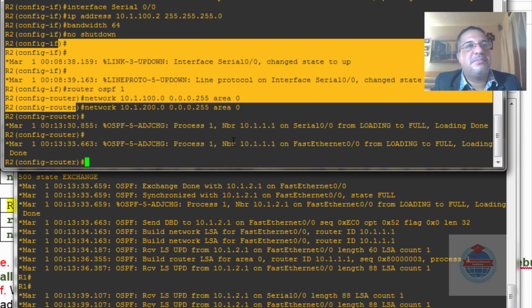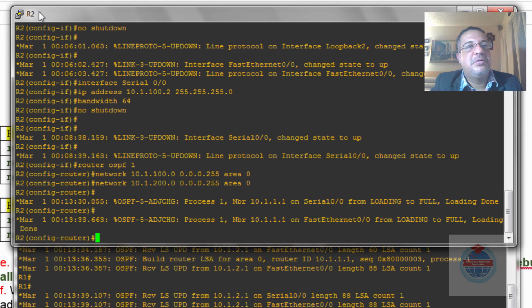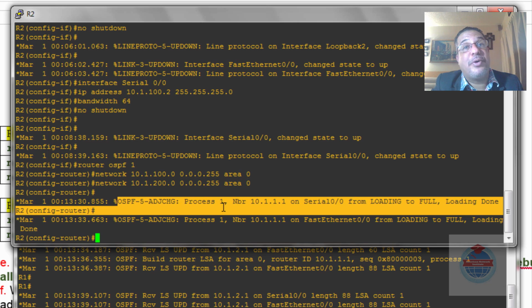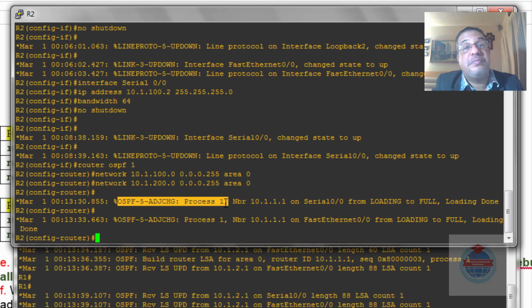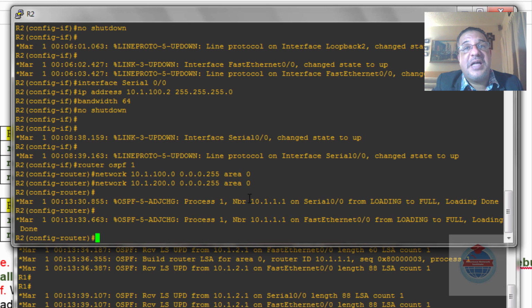Now on R2, there is an OSPF adjacency and the process 1 that we just mentioned over here. It's telling that 10.1.1.1, and remember which one is that guy, that was the router 1, is your neighbor. It discovered an adjacency. That's on router 2.